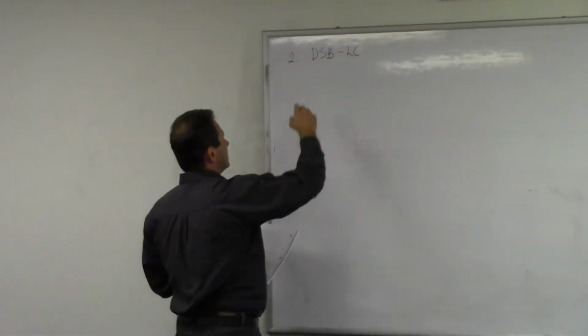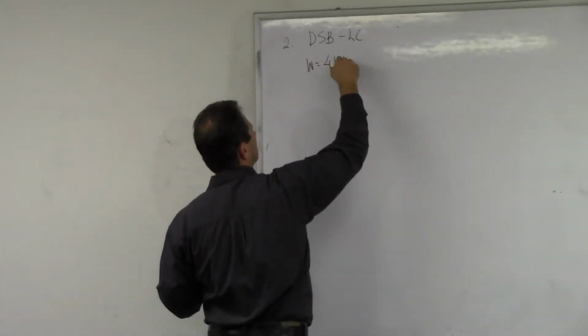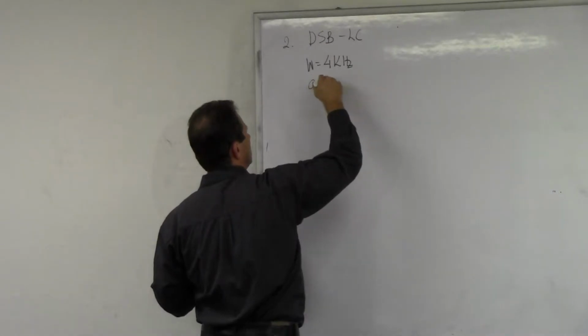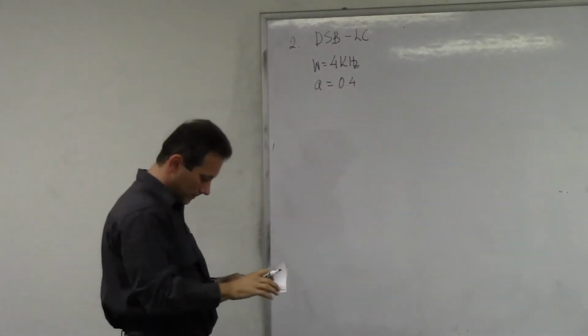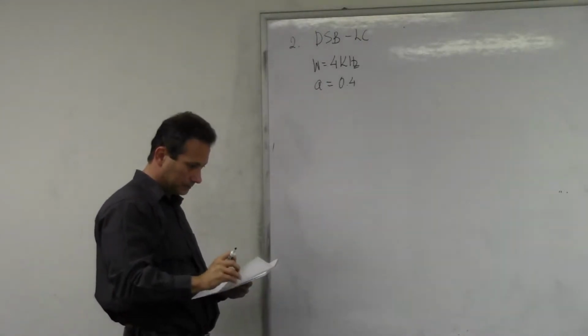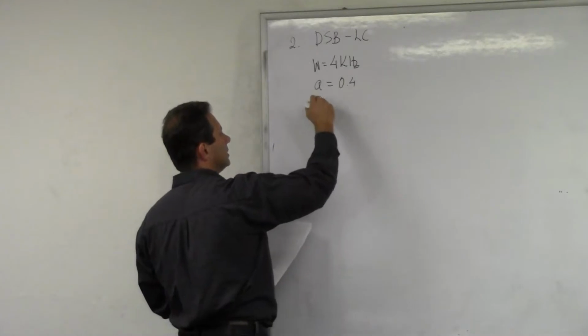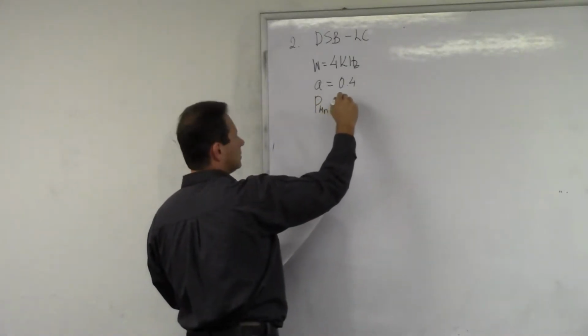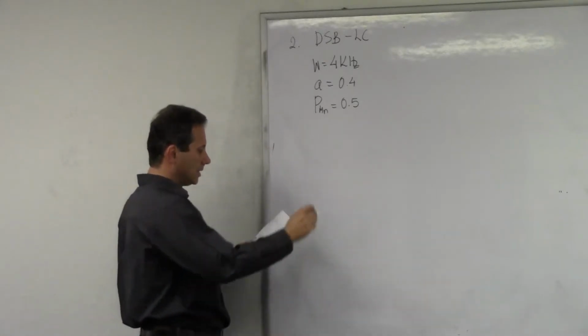Assume the following parameters. W is equal to 4 kilohertz. The modulation index is 0.4. Normalized power of the modulated signal is equal to 0.5, so we're actually modulating this with a pure cosine.